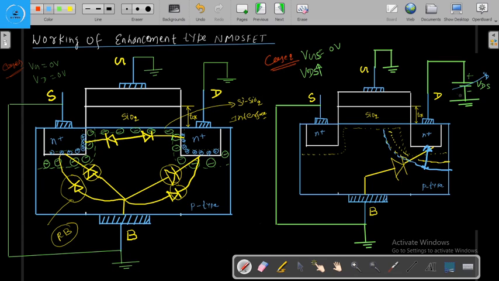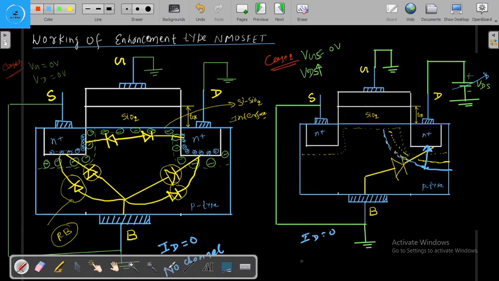We are providing the voltage only at the drain end. That's why the depletion region width changes at the drain end. So here Id will be equal to 0, no current flows, and no channel exists.